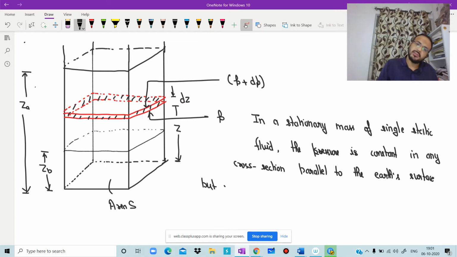You already know this thing, but it varies from height to height.